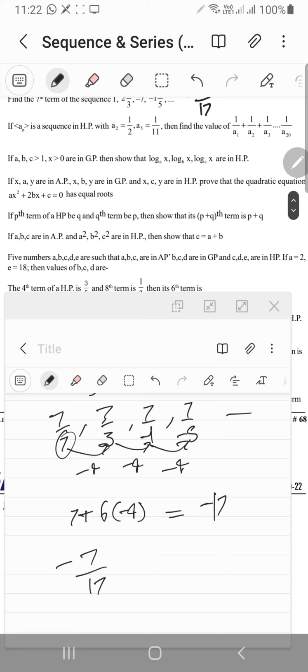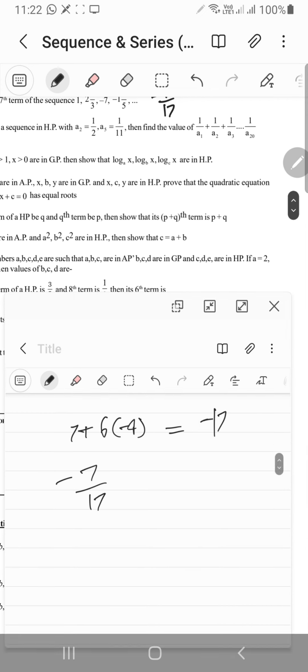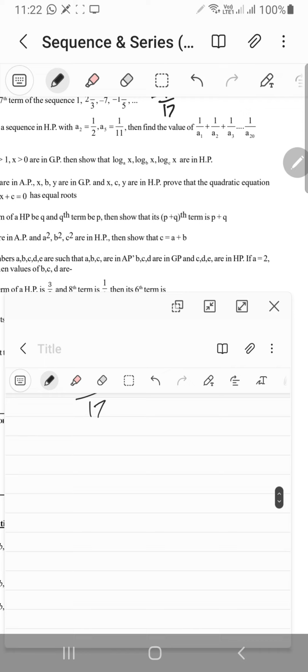Next, a2 equal to 1/2, a5 equal to 1/11, and find the value of... right, yeah, just convert this HP into an AP by taking the reciprocal. Just call that B. So B2 equal to 2, B5 equal to 11.